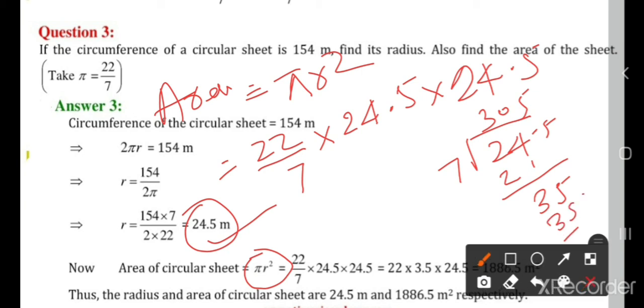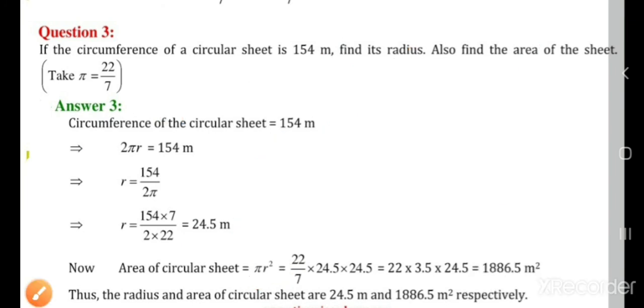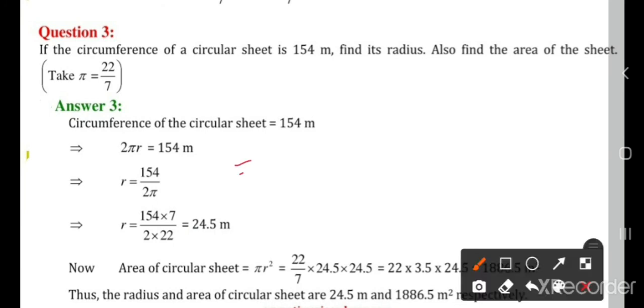So you cancel this and write it as 3.5. In the next step, we will continue. So you get 22 into 3.5 into 24.5.